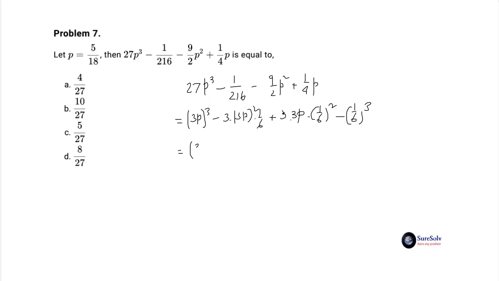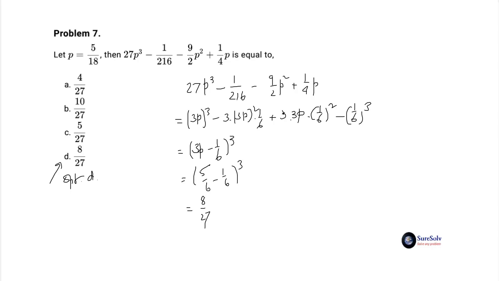Equal to 3p minus 1 by 6 whole cube, equal to 5 by 6 minus 1 by 6 whole cube, equal to 8 by 27. Answer is option D 8 by 27.